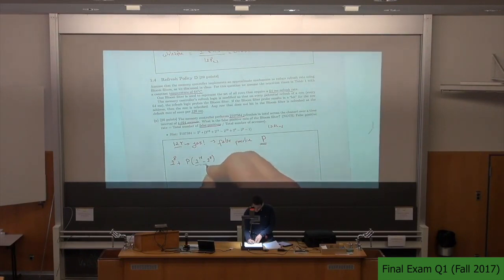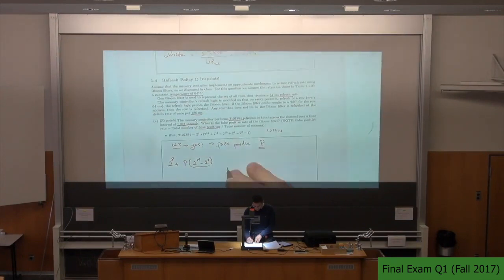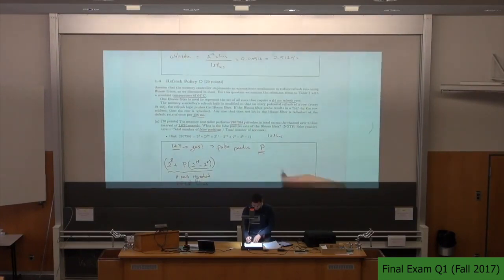This is the rest of the rows that should actually be refreshed within 128 milliseconds, and P is the fraction of the rows that were false positive. So this is the number of rows refreshed in each, let's say, 64 milliseconds, and this is our false rows.